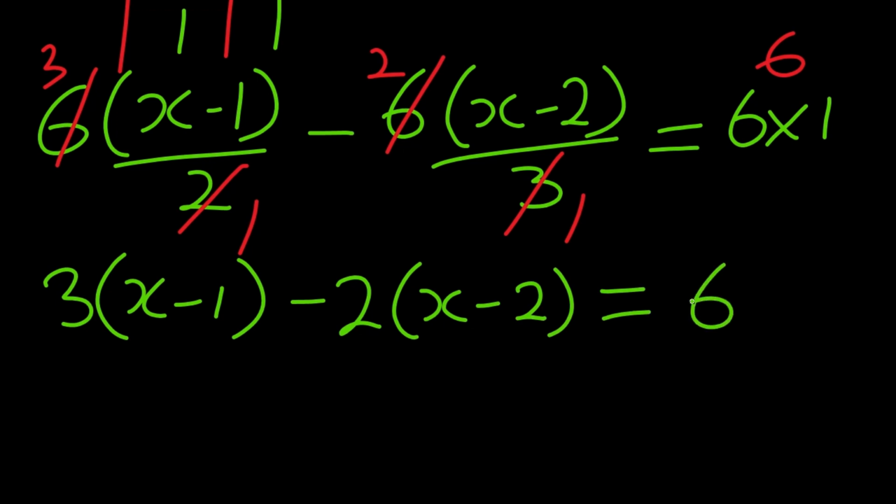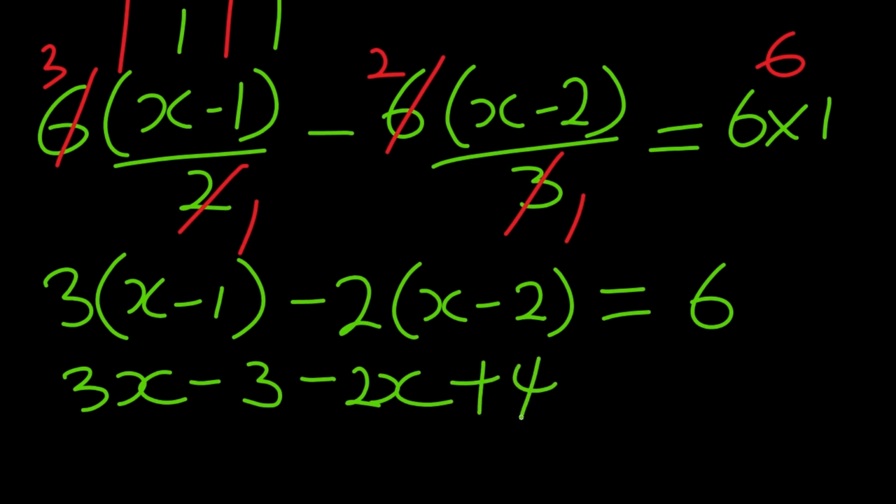Let's expand the bracket. 3 times x will give us 3x. 3 times minus 1 will give us minus 3. Minus 2 times x will give us minus 2x. And minus 2 times minus 2 will give us plus 4, which is also equal to 6.